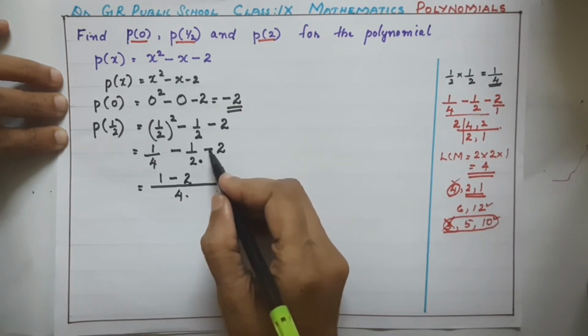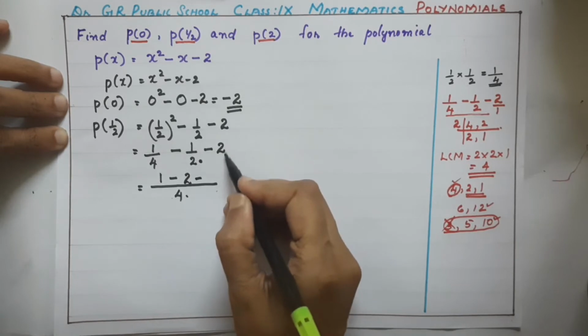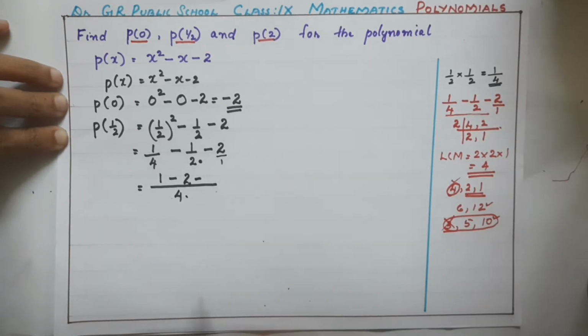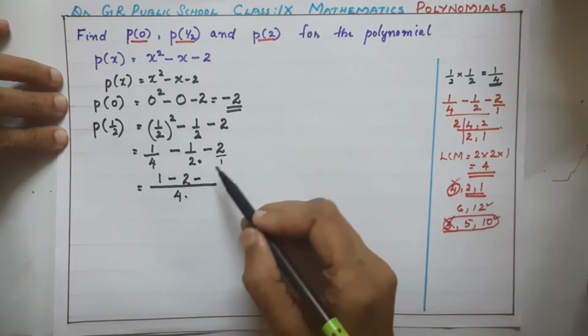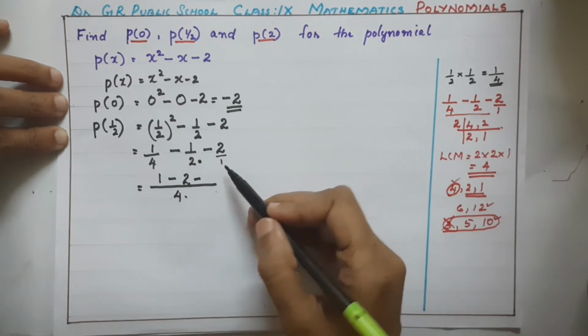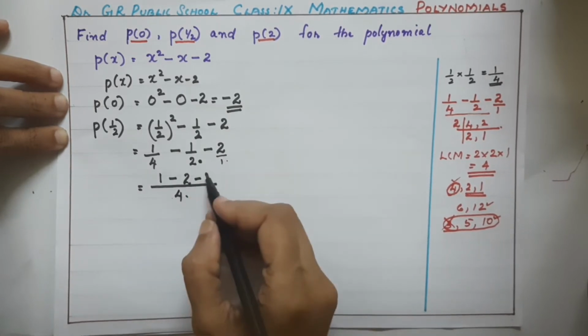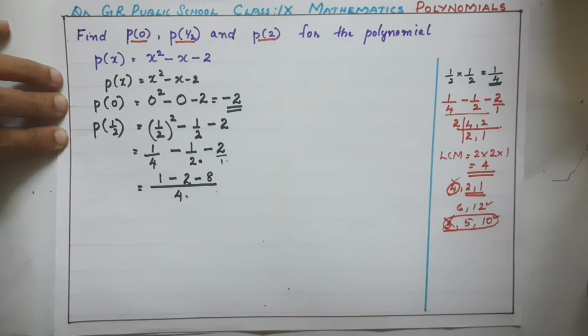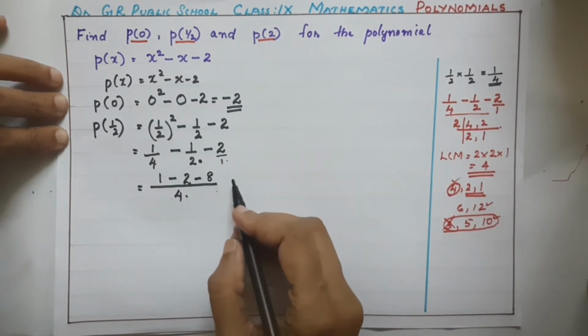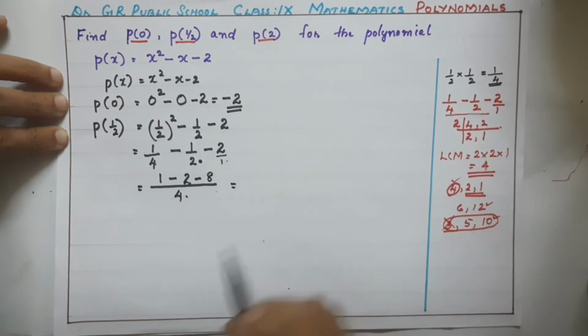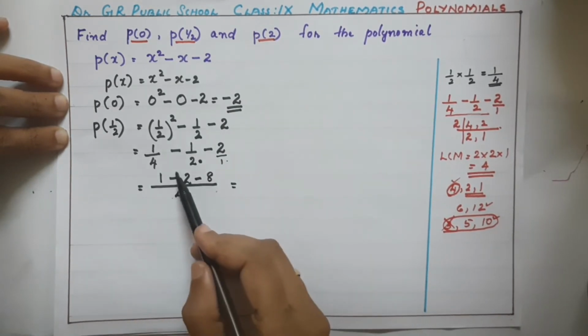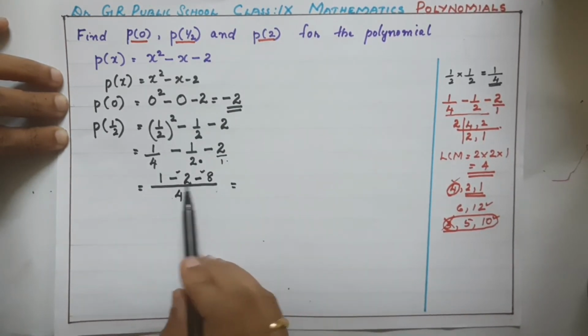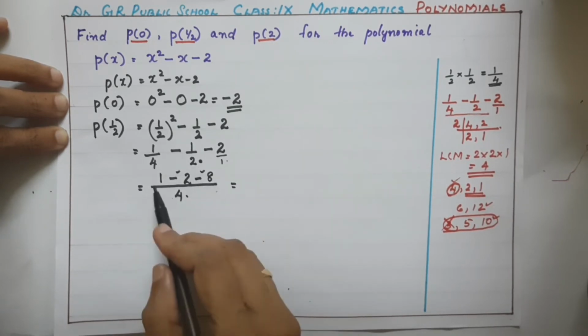Then here how will you do? Minus. Here what is the denominator? 1. So 4 divided by 1, 4. 4 into 2, 8. That all you know. You have done so many questions in lower classes, isn't it? Now what is the answer? Here minus 2 and minus 8 are both the same sign. 1 is positive.